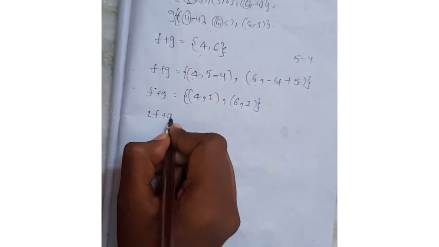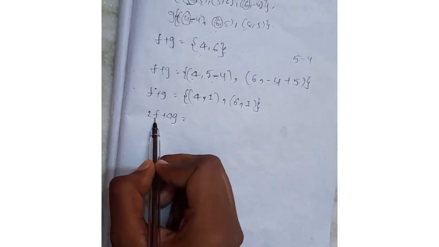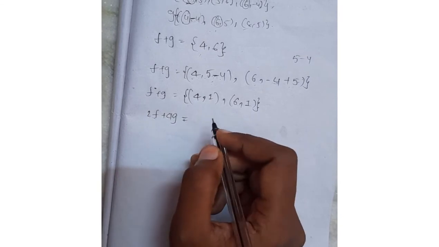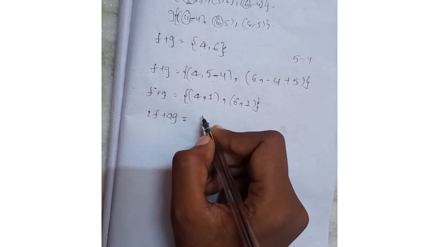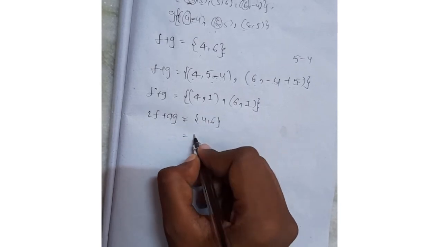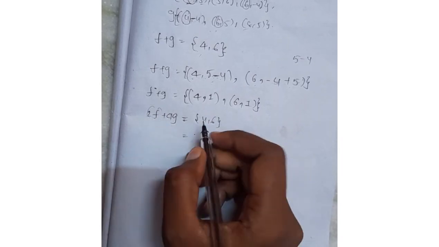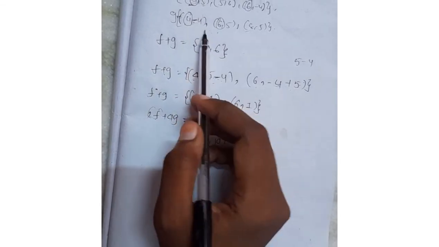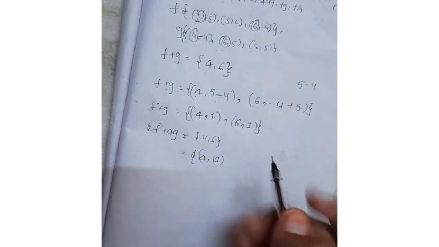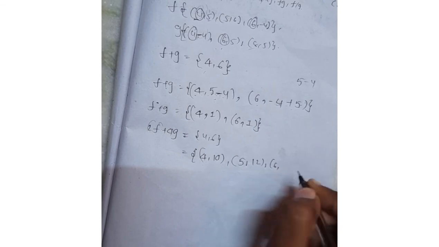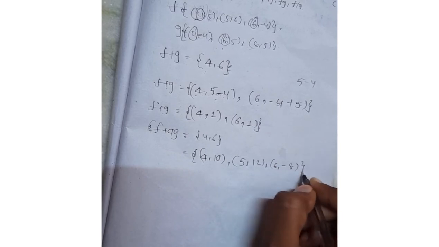Now the next thing we are asked is 2f plus 4g. Even if we are multiplying something, the domain will not change, only the range will change. Now the domain of this is the same, 4, 6. First multiplying 2f: (4, 10), (5, 12), (6, -8).